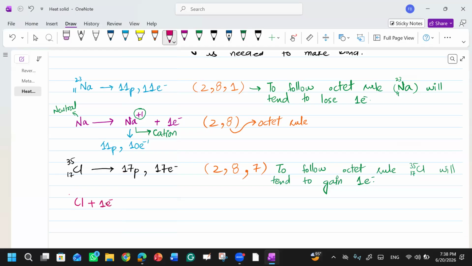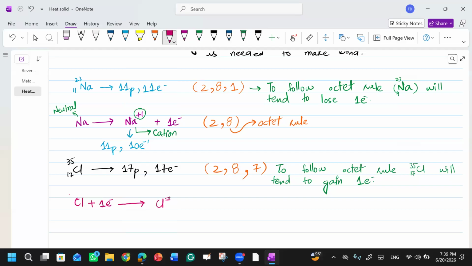Whenever an atom is gaining an electron, it will be written like this. When a neutral atom is losing an electron, the lost electron will be on the right side. Don't confuse it with the equation. It is gaining one electron, that's why we are adding one electron to the neutral atom. Now it has a negative charge.